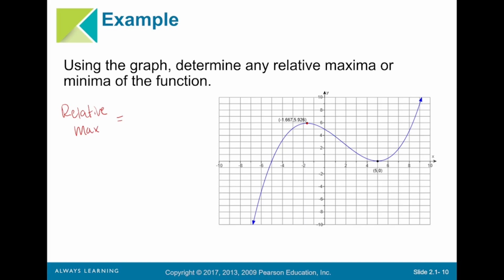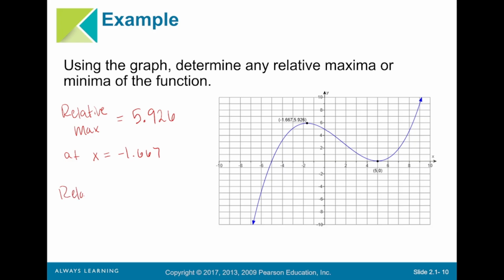The relative max equals 5.926. It equals my y value, and it is at x equals negative 1.667. Okay, so my relative max is the value 5.926, and it is at x equals negative 1.667.